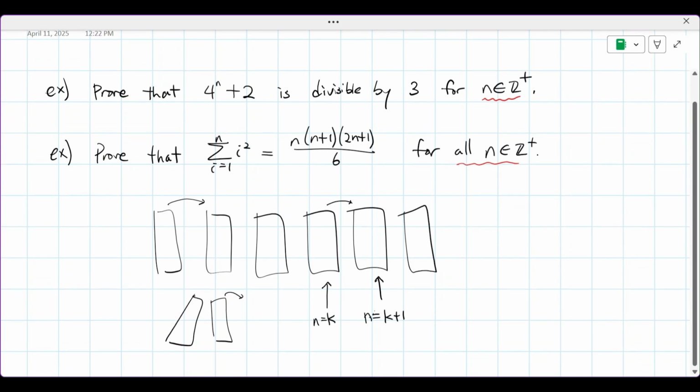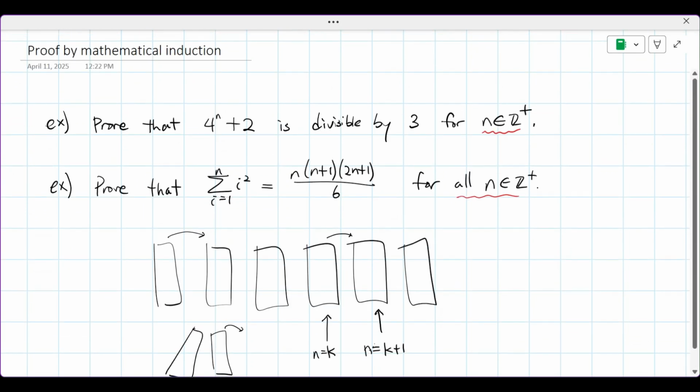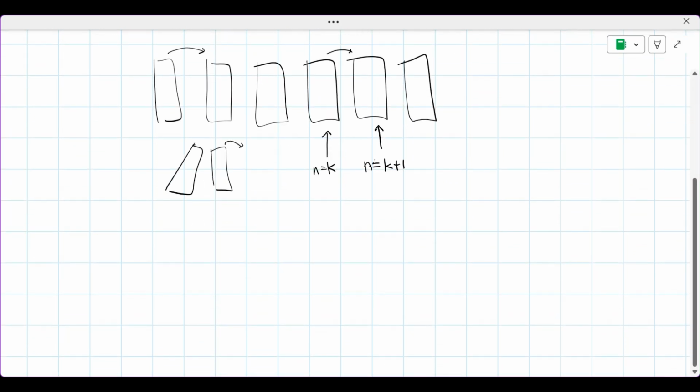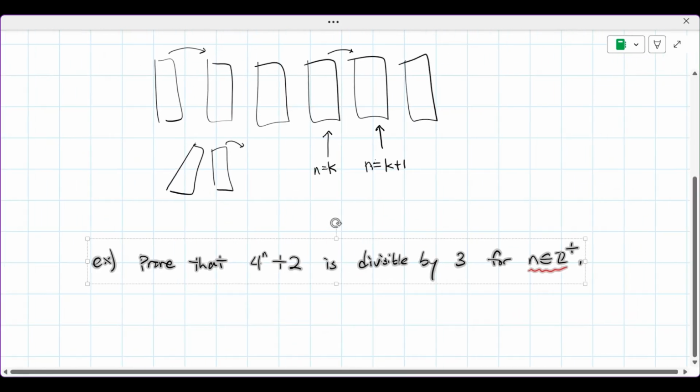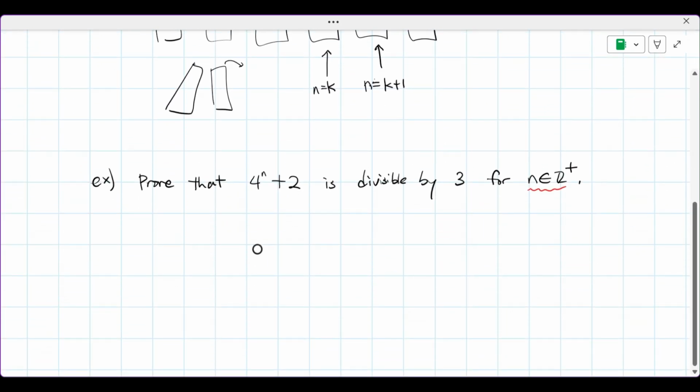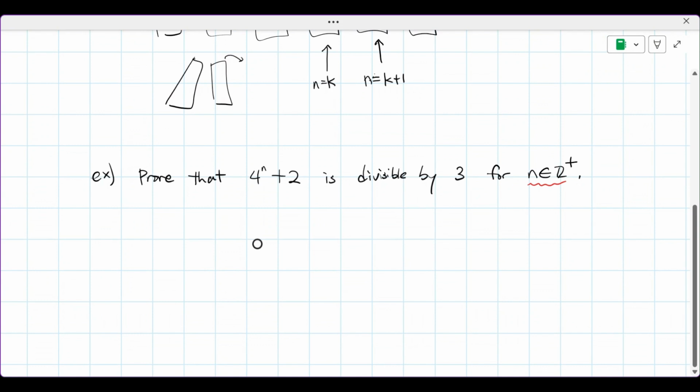Okay, so let's try the first example question here. Our task is to prove that 4 to the power of n plus 2 is divisible by 3 for all positive integer n values. So let's try.